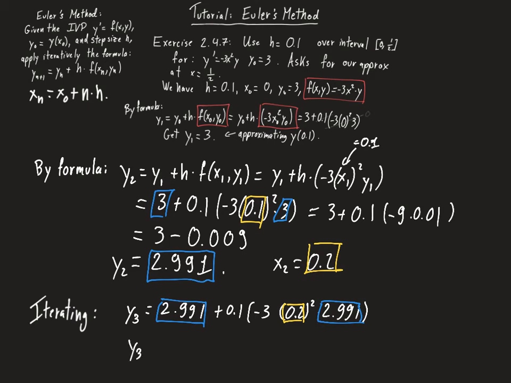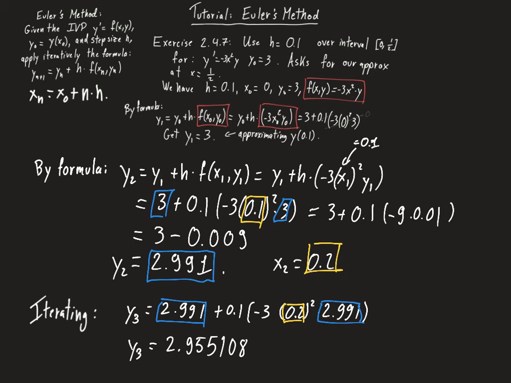Now, I just plugged this into Google, quite literally, and this gave me a value for y3 of 2.95518.